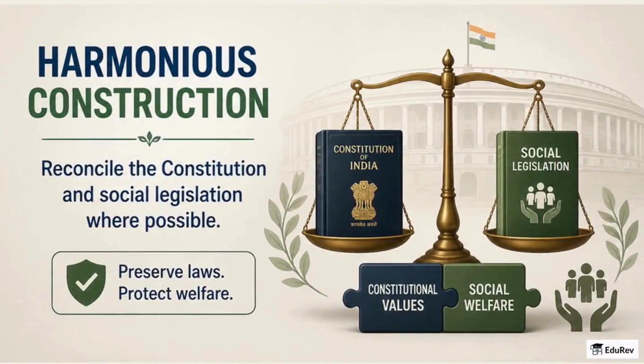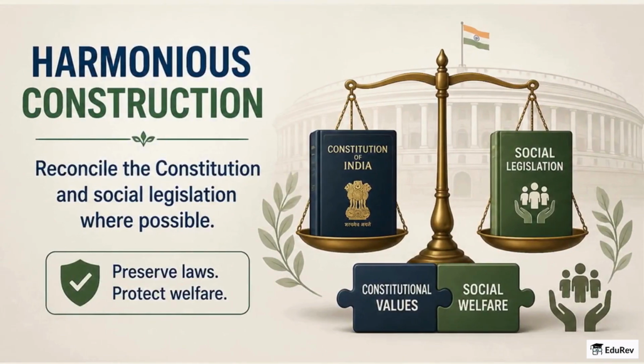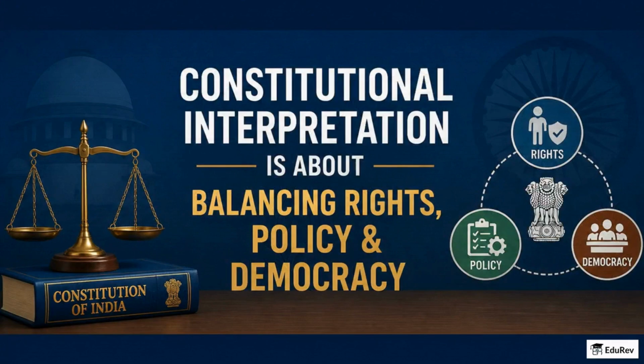Another exam-ready move is to propose a short conclusion recommending harmonious construction where feasible to avoid invalidating important social legislation. Remember that constitutional interpretation is not only legal toolkit work, but also a value choice about balancing rights, policy, and democratic governance.